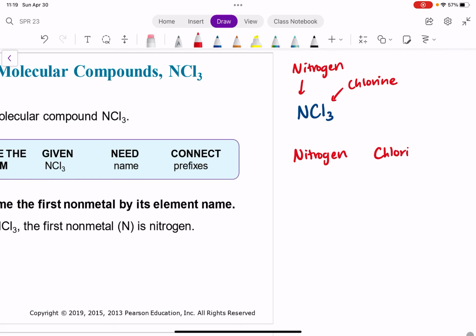Chloride, right? We know it's going to look like that, but something has to go here. Sorry, these are actually two words, so I'll leave myself a little more space. What goes in that box? How many chlorines do we have? Yeah, 3. So what do I need to say? Tri. I need the prefix tri. And this is actually not capitalized either.